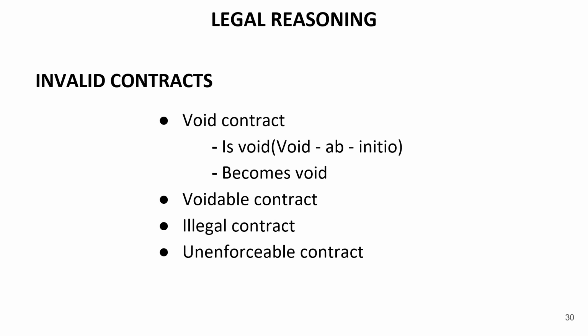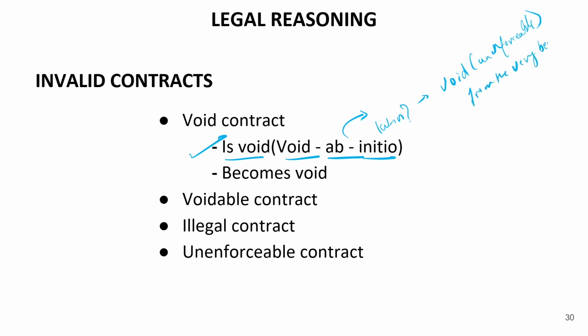So now if we talk about void contracts, void means void ab initio. And when we talk about void ab initio, what does this Latin term mean? This Latin term means void or unenforceable from the very beginning.